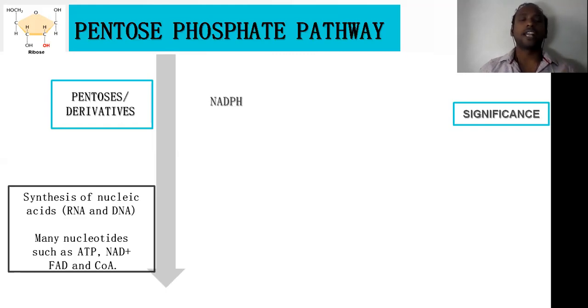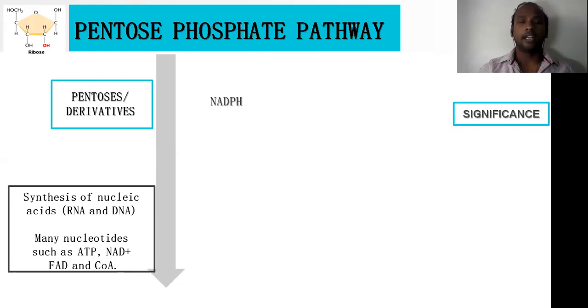So in nucleic acid synthesis these pentoses are involved, and not only nucleic acids, they are also involved in generating various products: ATP, NAD+, FAD, and coenzyme A. These are also nucleotides, not corresponding to hereditary function, but still important for the cells. So you should remember that this can be involved in hereditary as well as non-hereditary functions.